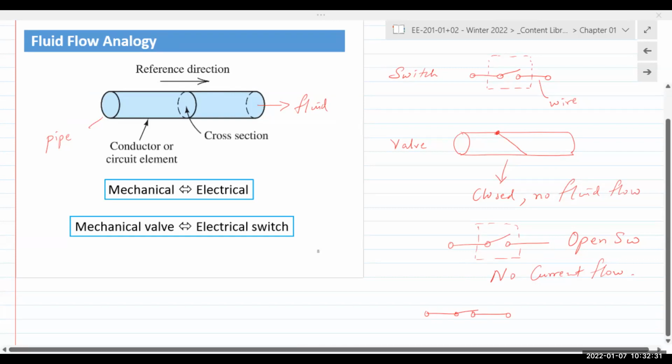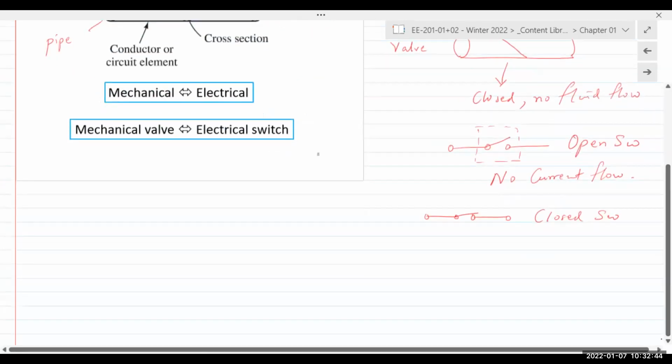And so a closed switch allows the conduction of electrons or electricity. So a closed switch is exactly the opposite of a closed valve. Make sense to everyone? Let's take 5 seconds. Let me know if anyone has any questions.